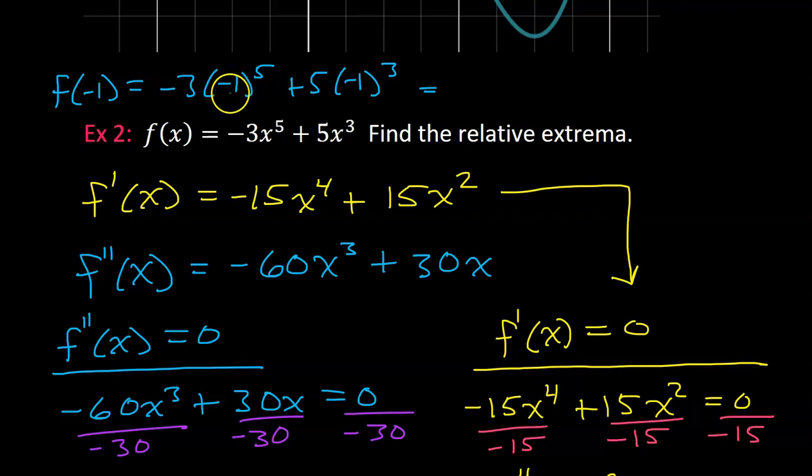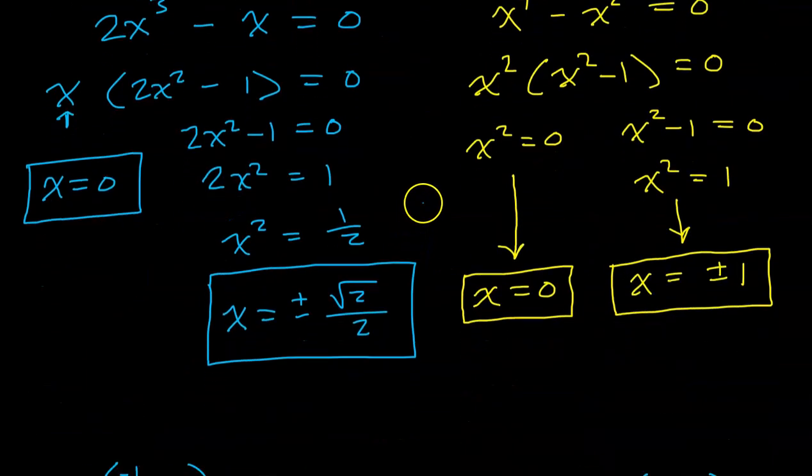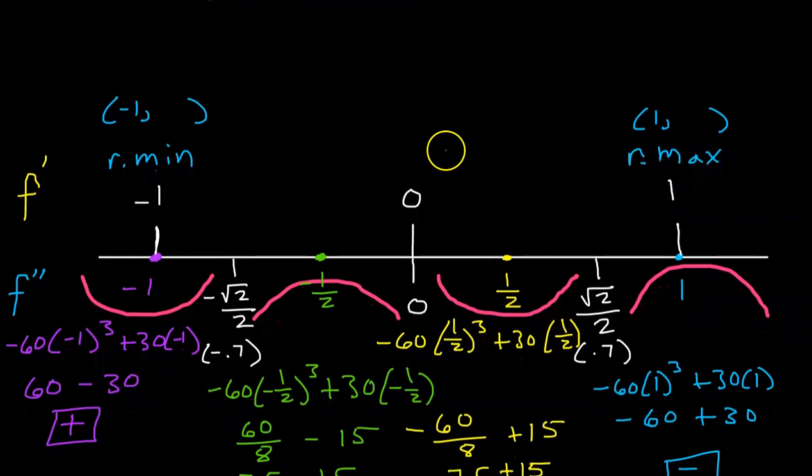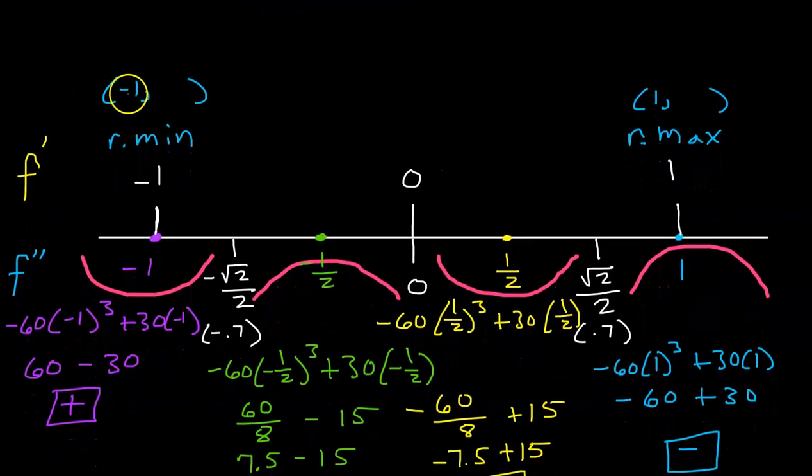The odd power, this stays negative 1. So this will be positive 3. This stays negative 1, so that'll be negative 5. So that's going to give us a negative 2. Okay, so we have a relative minimum at negative 1 comma negative 2. So how about positive 1?